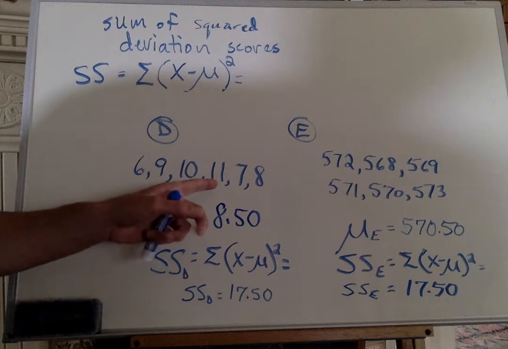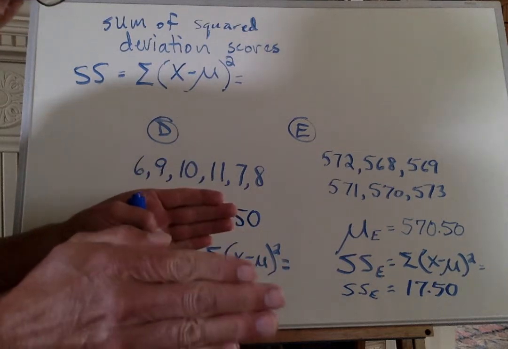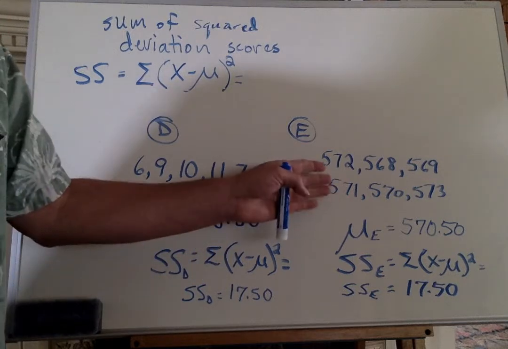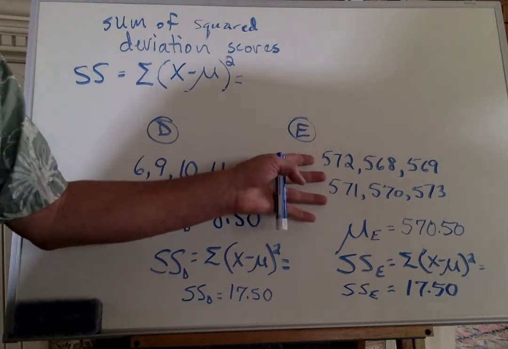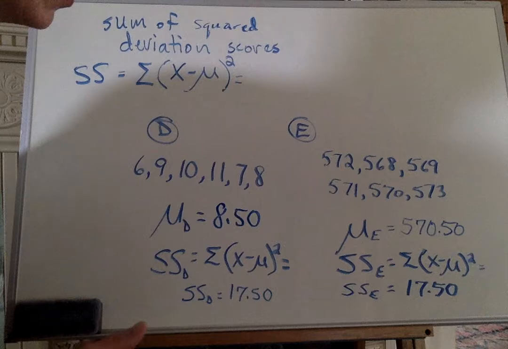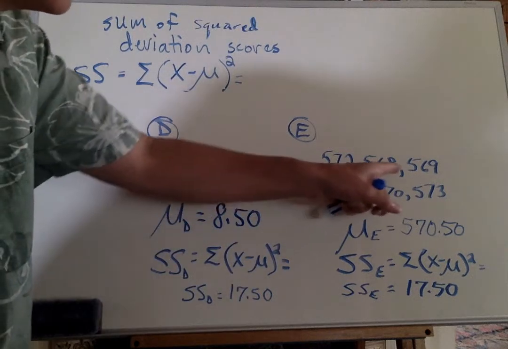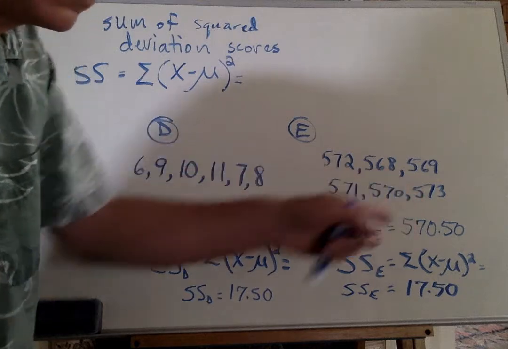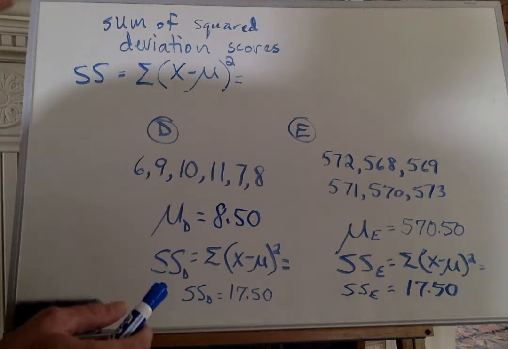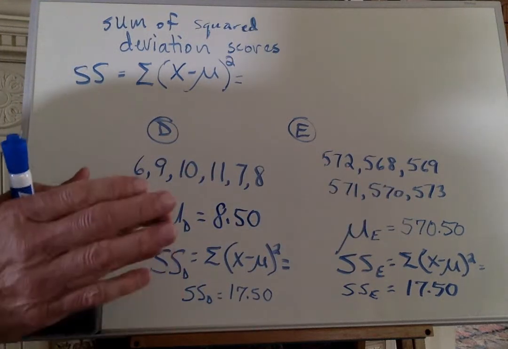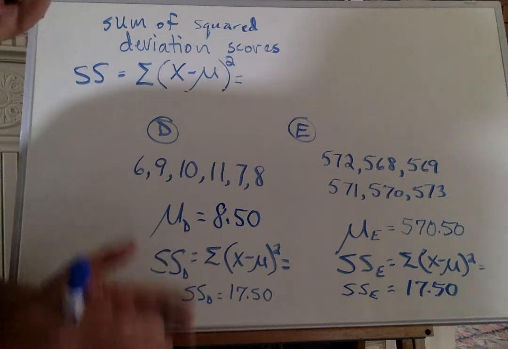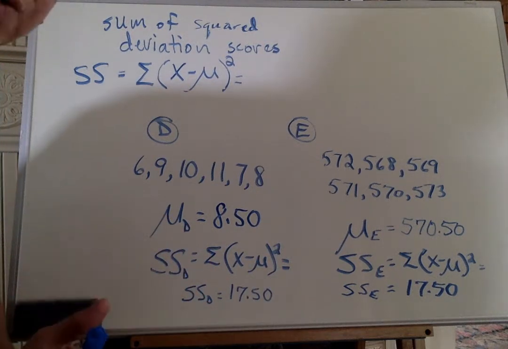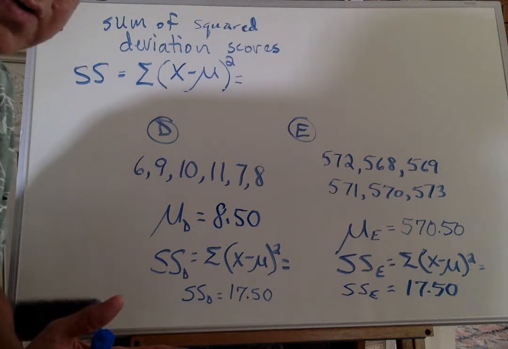Okay, so 6 numbers in succession. That's the variability of these numbers. But likewise, this set of numbers is 6 numbers in a row too. 568, 569, 570, 571, 572, 573. And so the two groups are equally variable. The two groups are equally spread out, okay?